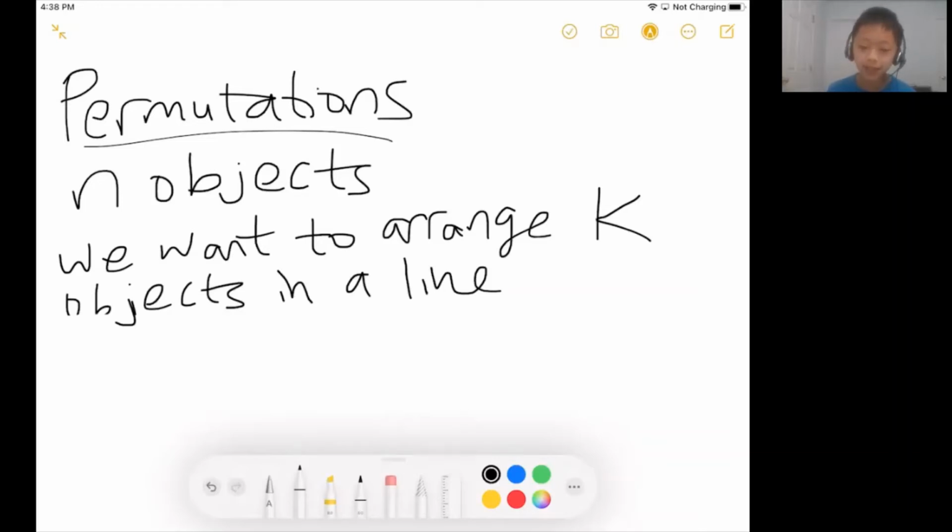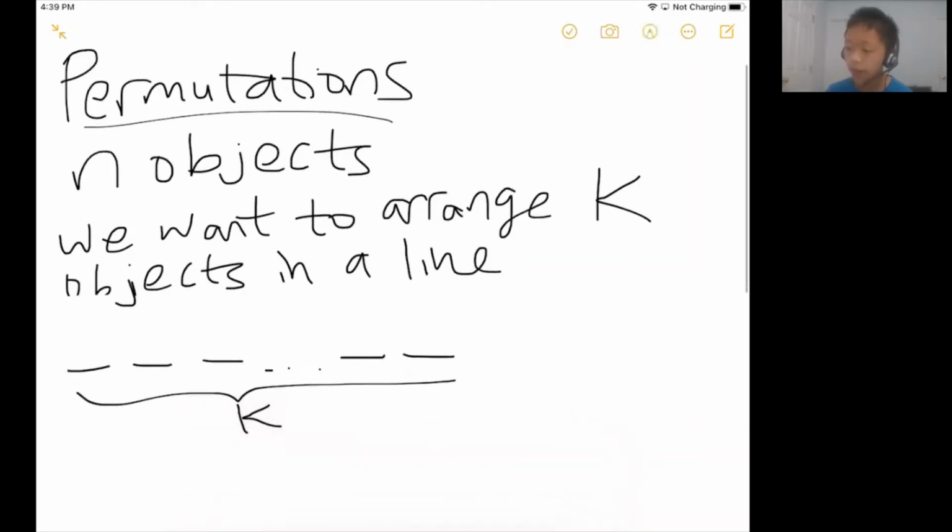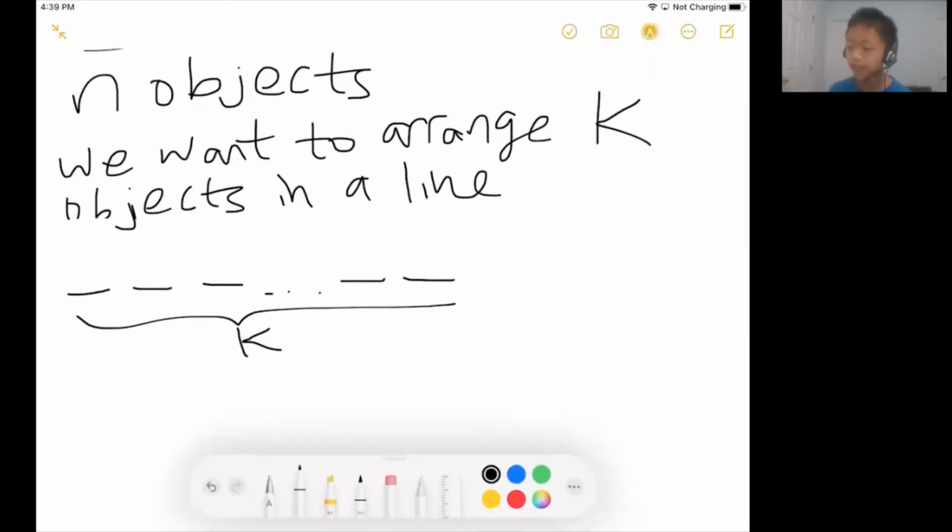Well, basically this would be the exact same way that we just did the case for 7 and 3, 7 objects where we want to choose 3. Again, we want to arrange k of these objects in a line. So 1, 2, 3, let's say we have k of these blanks, and we have n objects in total. We can use the same logic.